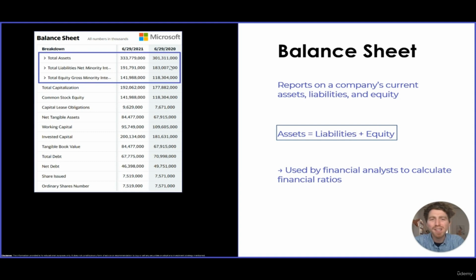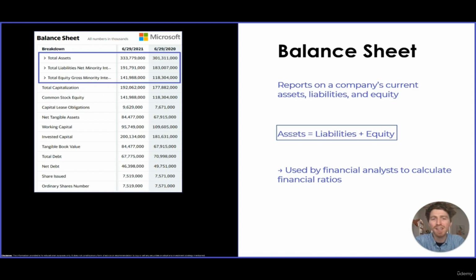I can give you a quick example here. Imagine, or in the case of Microsoft, they want to build a new data center. So the data center is going to be an asset for them, which they put into the asset section. But to finance the data center, they go to the bank and ask for a loan, which is a liability.